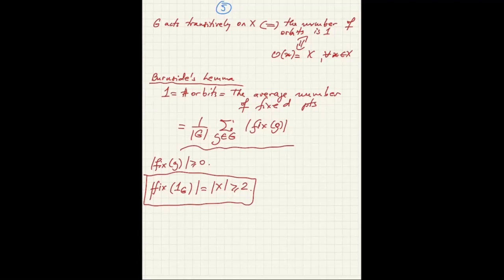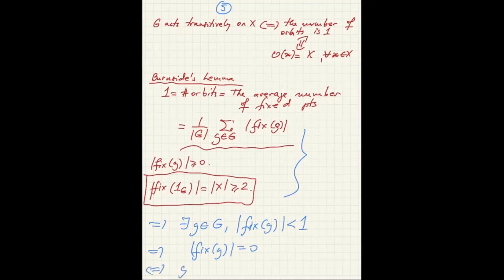So if you put this together, there exists an element g where the cardinality of fix of g has to be strictly less than 1, but this cardinality is non-negative, so it is 0. That means g of x doesn't equal x for any x in X. So that's this result of Jordan. All right, so let's do some other examples.